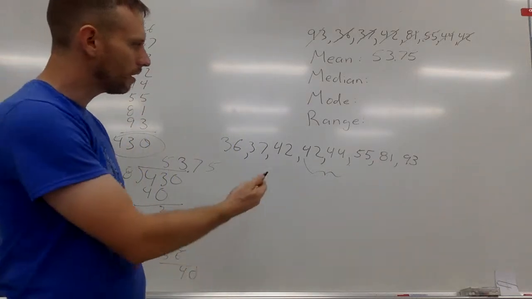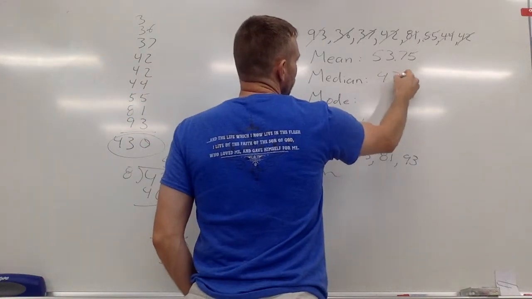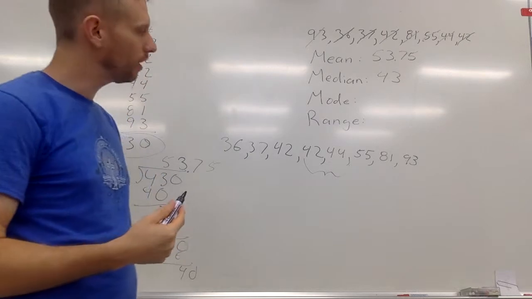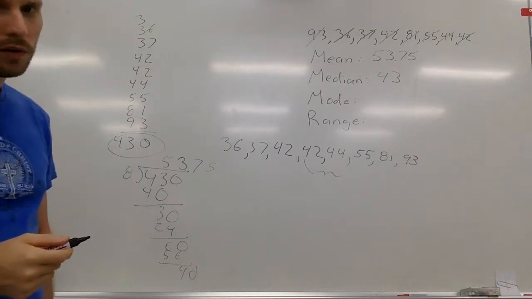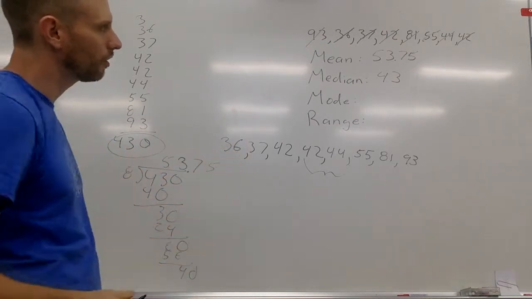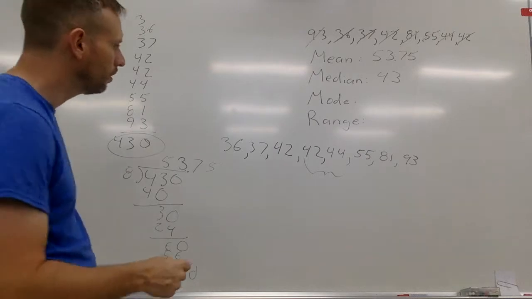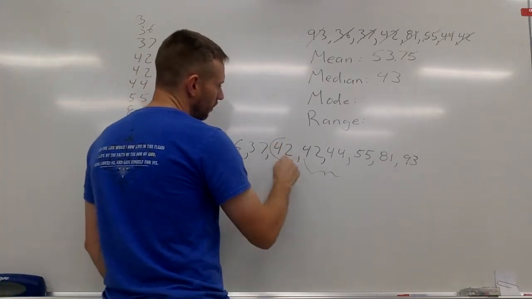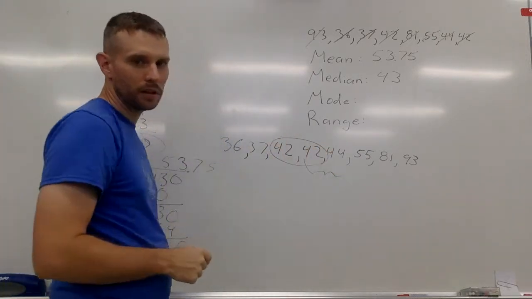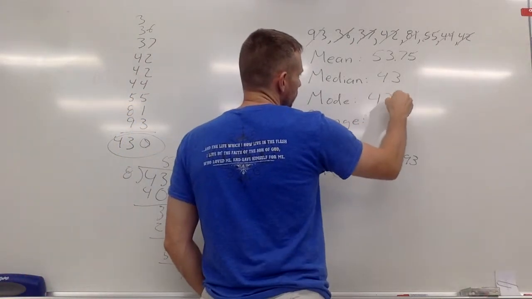We can see actually that 43 is going to be in the middle. If it was not so obvious, then you could do 42 plus 44, that would give you 86, and 86 divided by 2 would also give you 43. The mode: we can see that 42 is listed twice, and no other number is listed twice, so the mode is going to be 42.